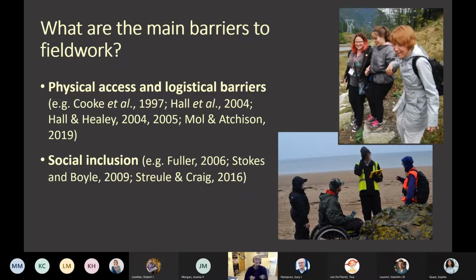So in terms of the main barriers to fieldwork that students can encounter, they fall into two broad categories. We've got our physical access and logistical barriers. The kinds of things we're looking at here would be to do with physical mobility and students' ability to negotiate round different fieldwork sites.